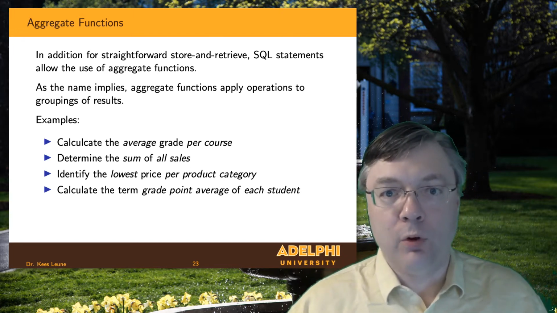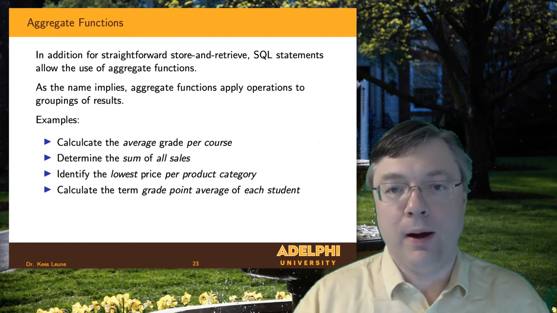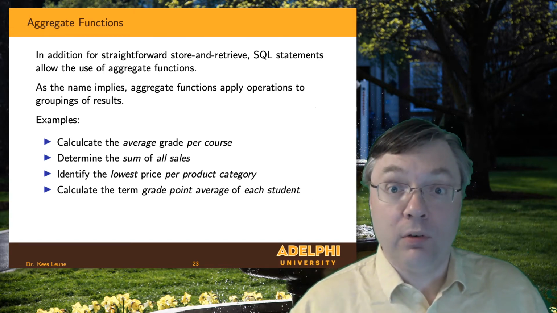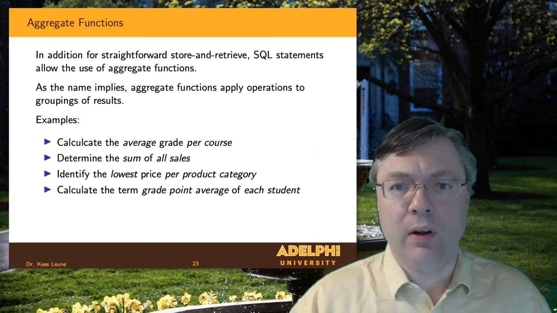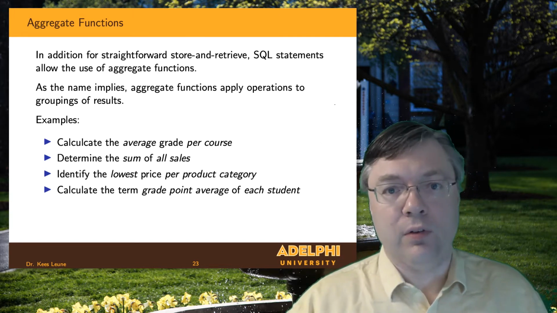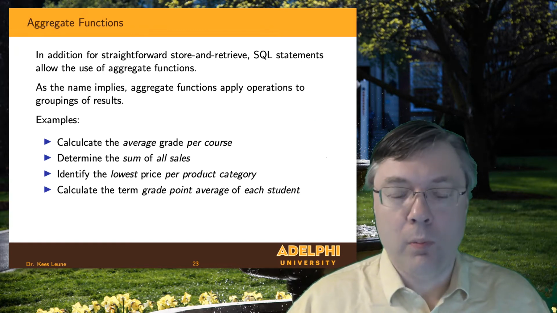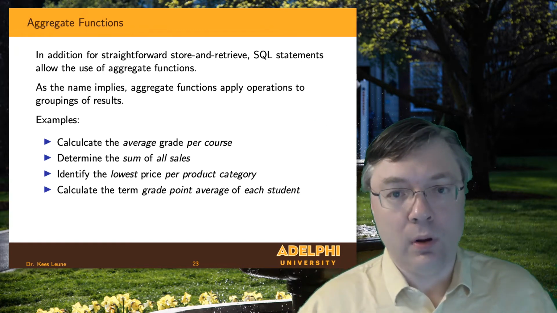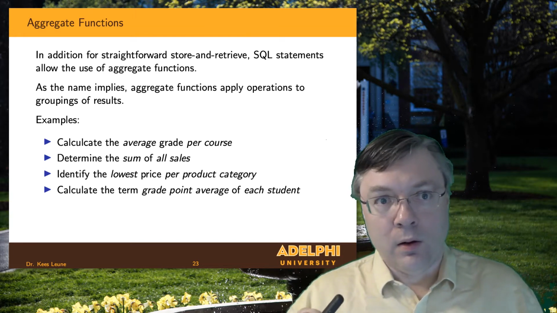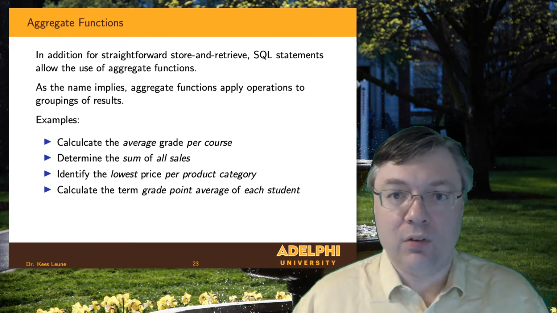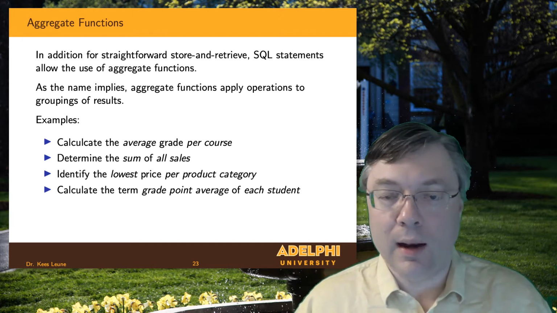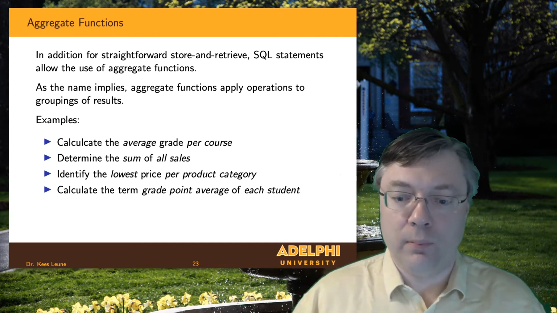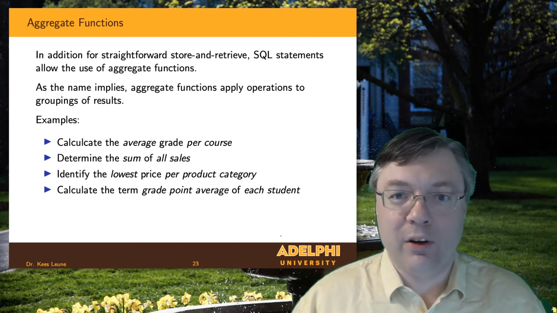First I'm going to group all of my products by their product category, and then I'm going to apply the aggregate operation, the lowest or the minimum value, to each of those categories, and I can look at those results. Or maybe we want to calculate the grade point average for each student. That means that I group all of my grades by student, and then I'm going to calculate an average based on the points that they scored. All of those are aggregate operations.